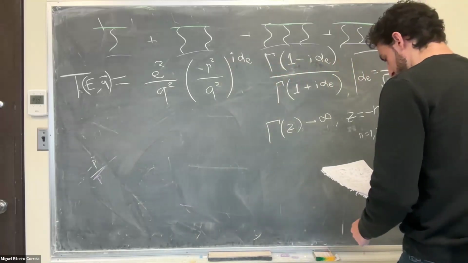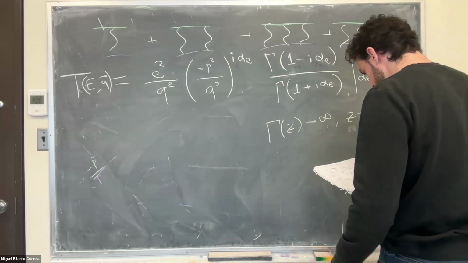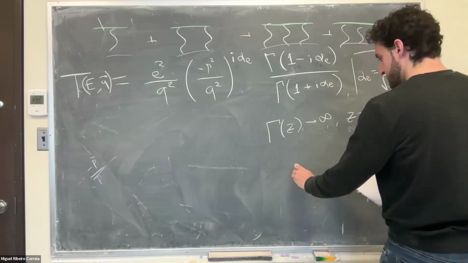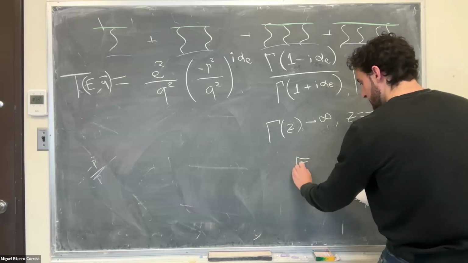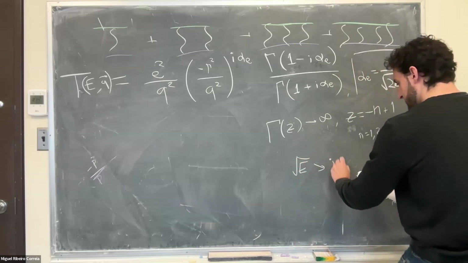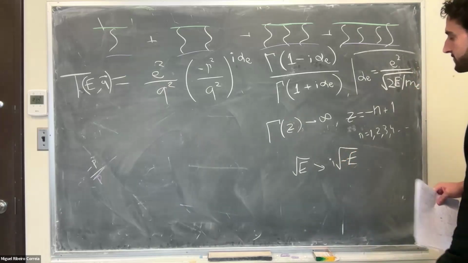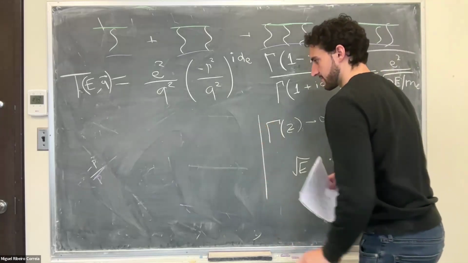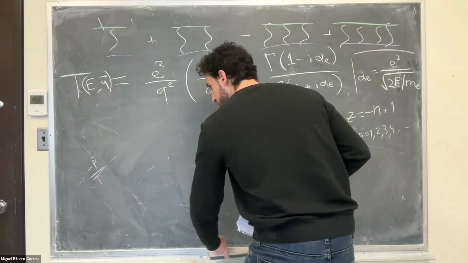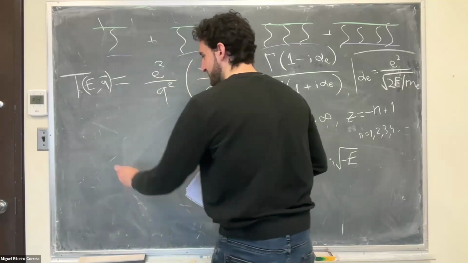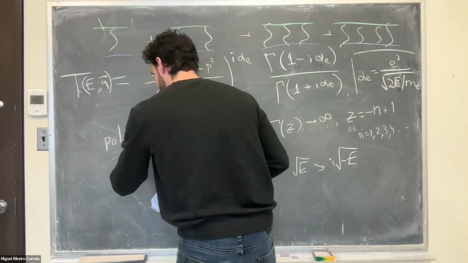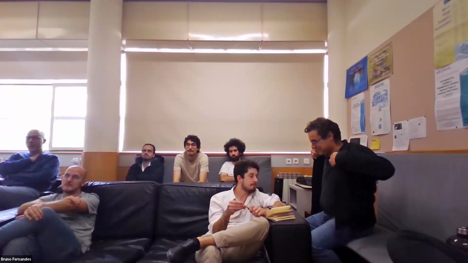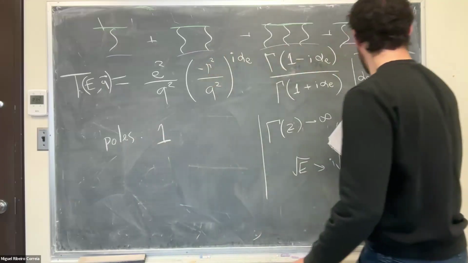So what happens is that this alpha E, this square root of the energy, goes to i square root of minus E, which cancels this i. Then you get the following condition. Poles come when the argument is some negative integer.